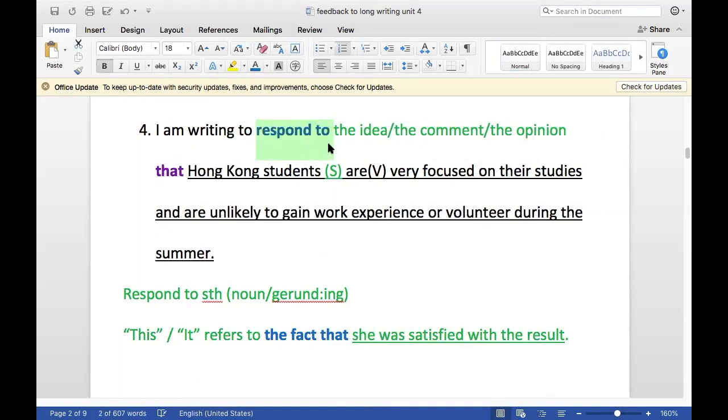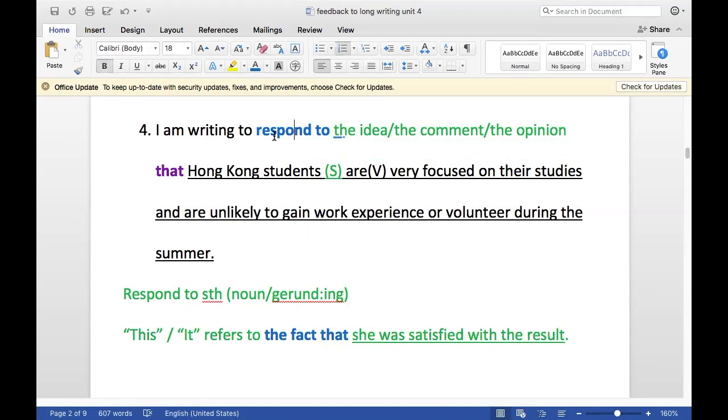How do you know when you have to put a noun after to? The only method is to pay attention to different usages of phrases. Like you just have to remember respond to something. Always remember this.